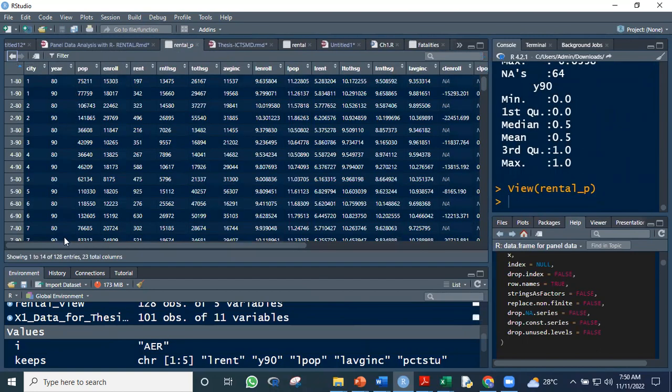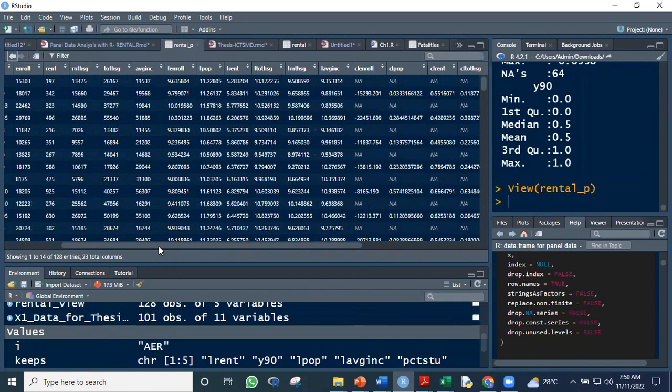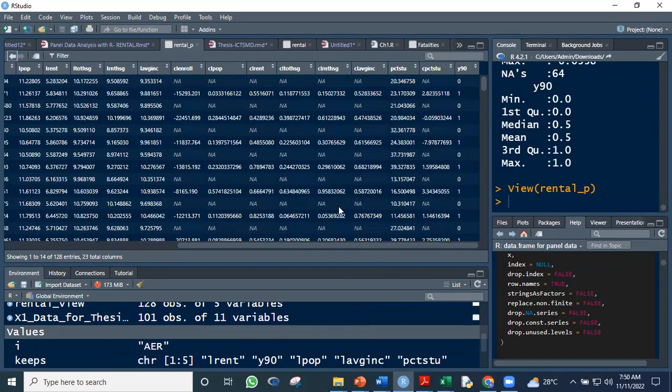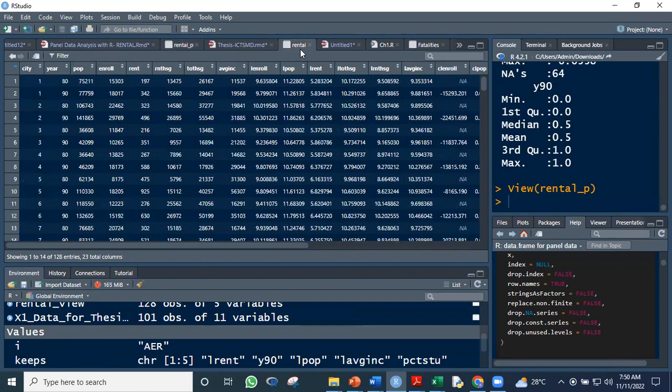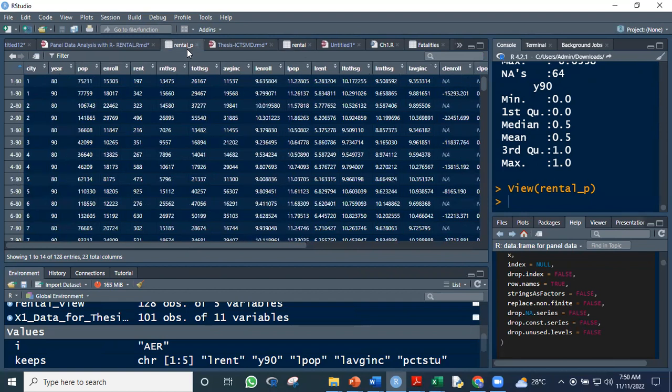There, it includes all the variables, from city up to year 1990. So still 23 variables, just like our rental. No difference. The only difference is that rental P is considered as a panel data, so this has an index, while rental does not have one.